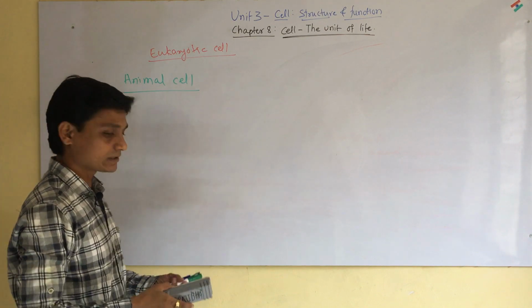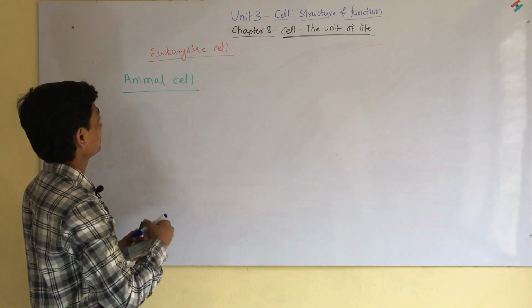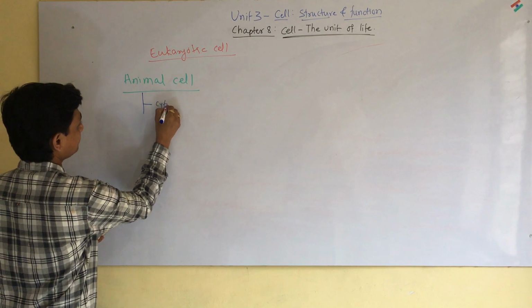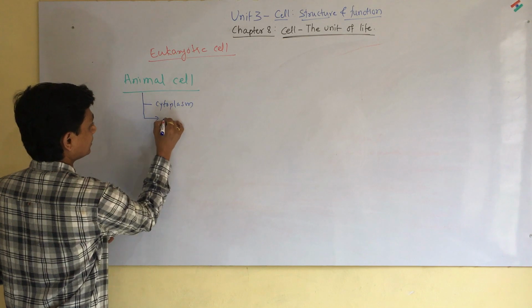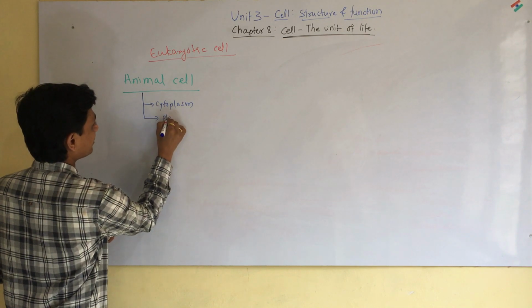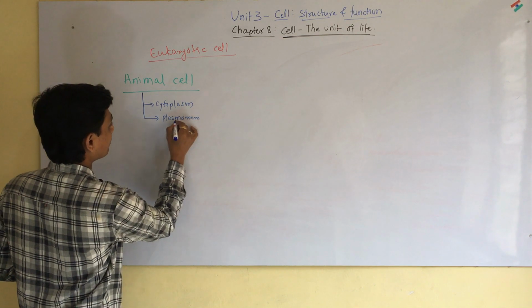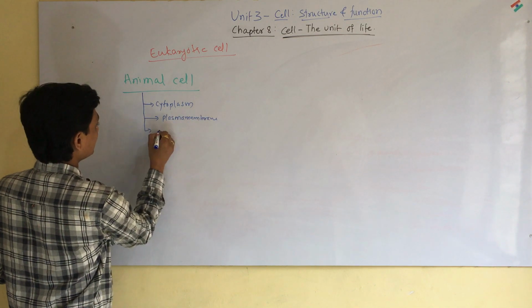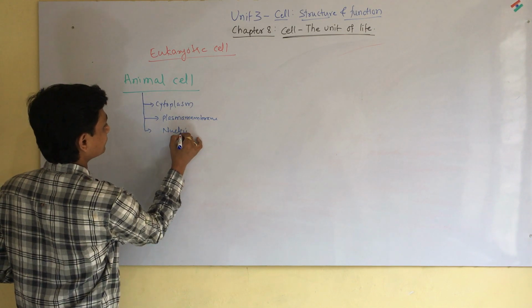Animal cell is mainly divided into three parts, that is first cytoplasm, second plasma membrane, and third, that is nucleus.